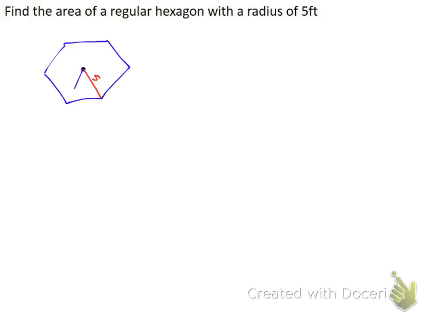So again, if I wanted to divide this into pizza slices, I would do so like this. And so what I want to find is my apothem, which is going to be this piece that I highlighted there. So to do this, I've still got my 360 divided by 6, which gives me 60. So I know that the central angles are all going to be 60.